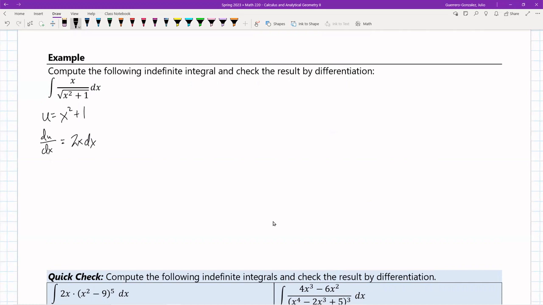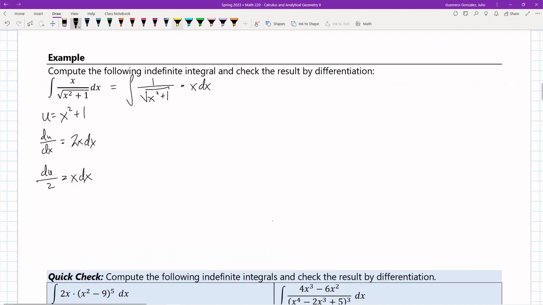I'm going to rearrange everything again. I'm going to get the same thing from before. So du over 2 is equal to x dx. I can rearrange this thing as much as I want in order to perform the substitution, right? So this is now going to be the integral of 1 over the square root of x squared plus 1 times x dx.